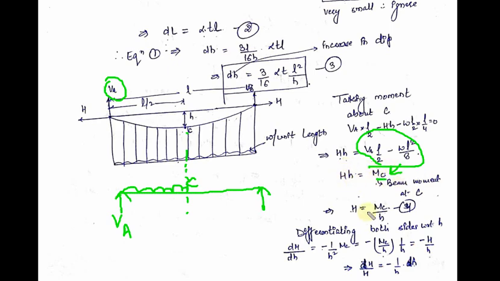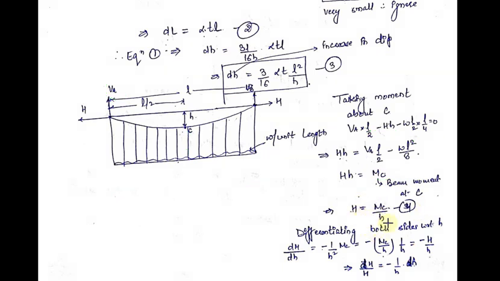So this term can be replaced by MC, which is the beam moment at C. From this equation, I can find the value of capital H equal to MC upon small h. After differentiating both sides with respect to small h, I will get dH by dh equal to MC, which is a constant, so it will remain the same, and the differentiation of 1 by h will be minus 1 by h square.